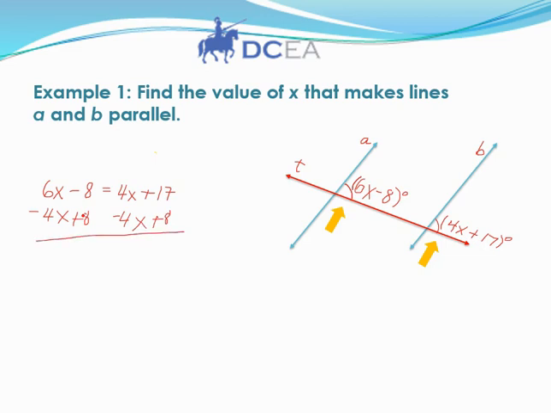And 6 minus 4 is 2x, and 12 plus 8 is 25. So x would be 25 divided by 2, or we could also say that that's 12.5.